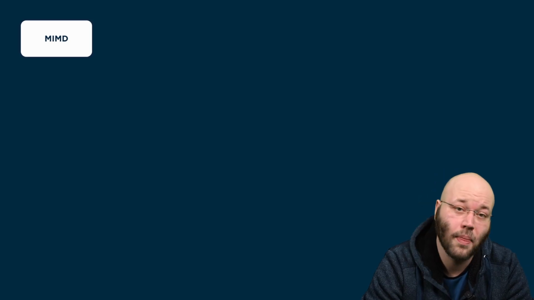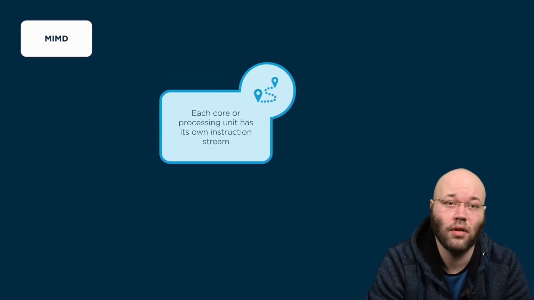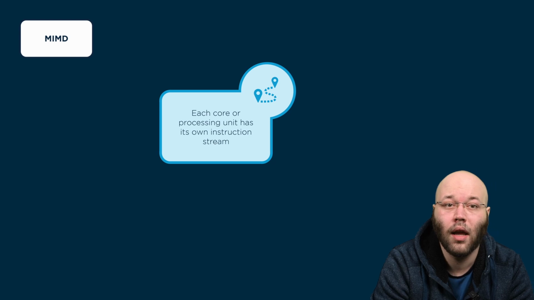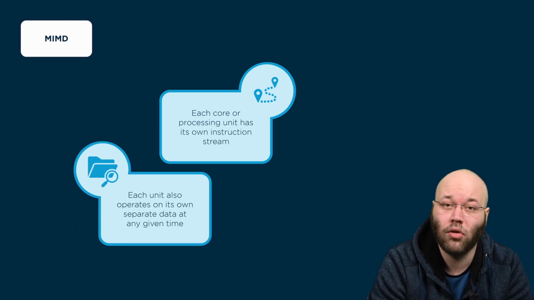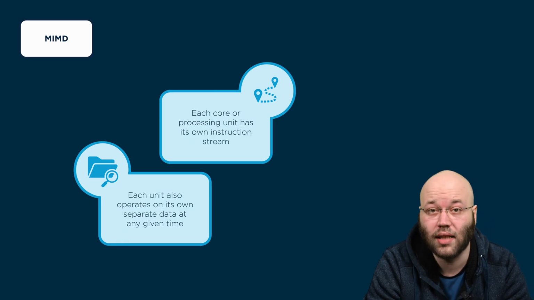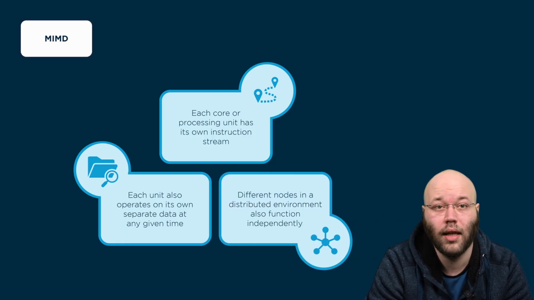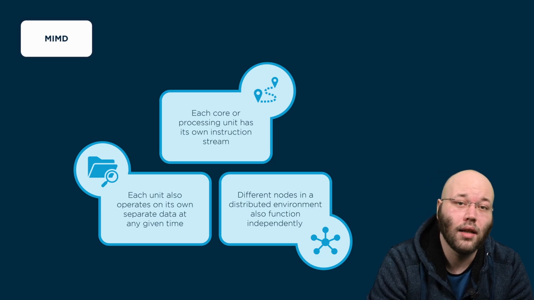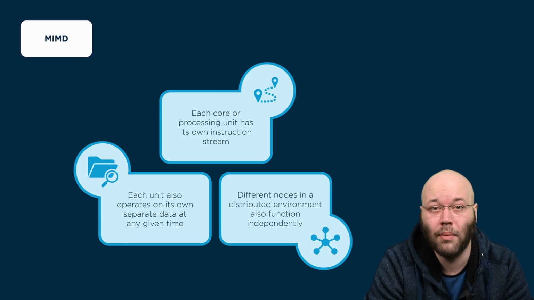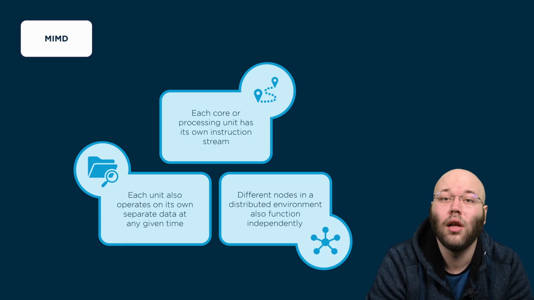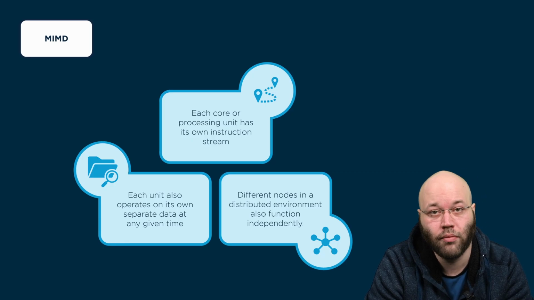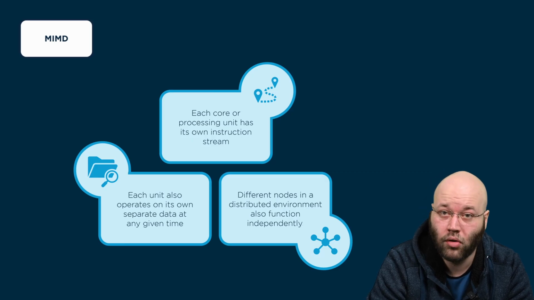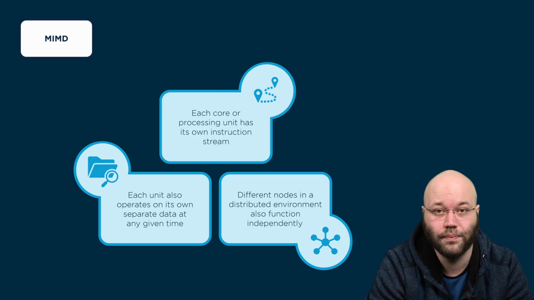For instance, each core or processing unit has its own instruction stream. Each unit also operates on its own separate data at any given time. In large-scale systems, different nodes in a distributed environment also function independently. This independence among processing elements defines MIMD, which forms the vast majority of modern computing hardware, from your phone to the largest clusters in the world.